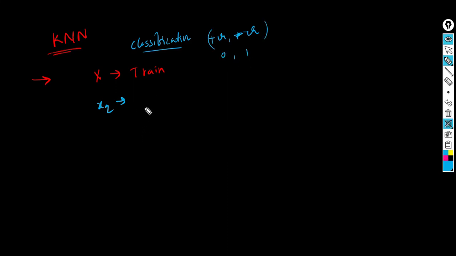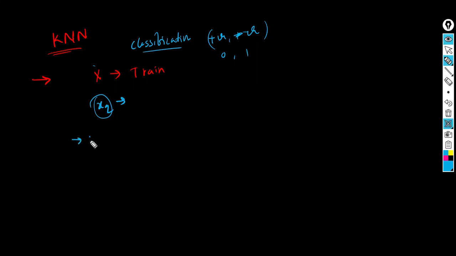If a query point is given, it will find the nearest neighbor points to the query point. Then based on the neighboring points, it will be classified as belonging to the positive class or the negative class.